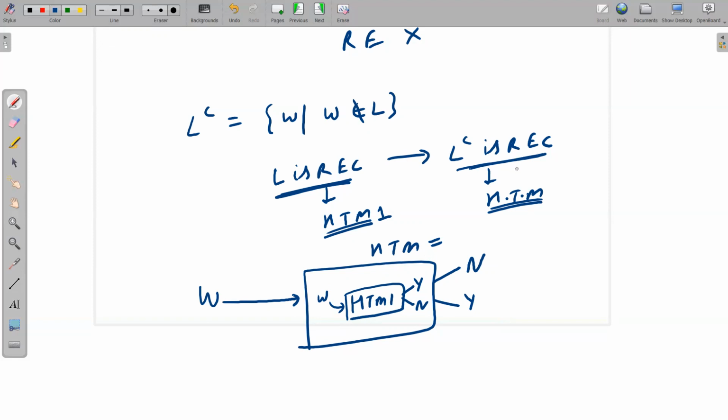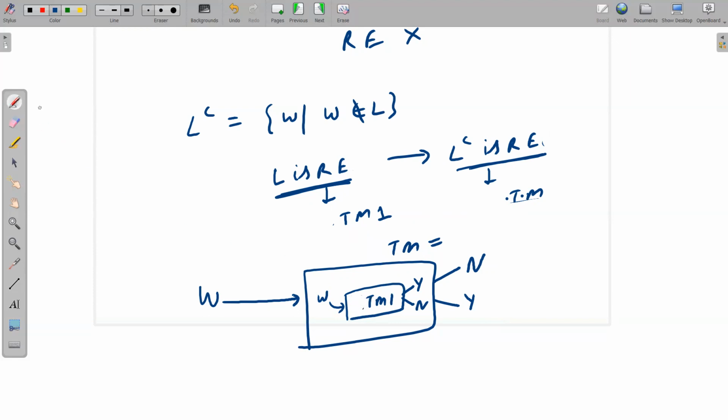What about RE? There will be a small problem here. Let me show you how. Please note it down carefully. Now I will say if L is RE, then L complement is RE. I want to claim this thing. So we have to construct a Turing machine, which will call this Turing machine 1.